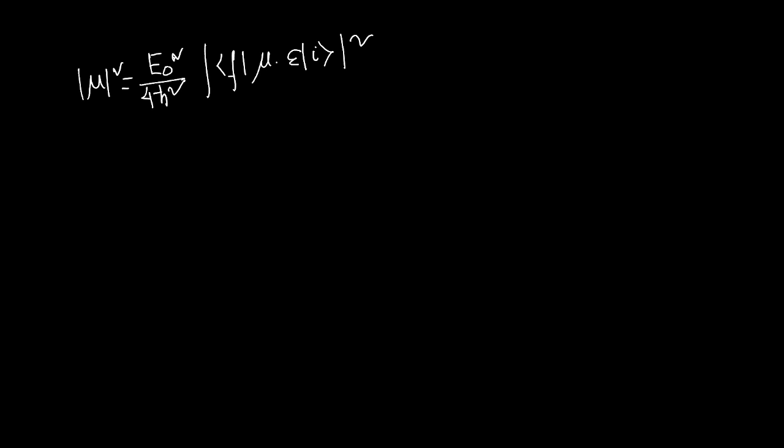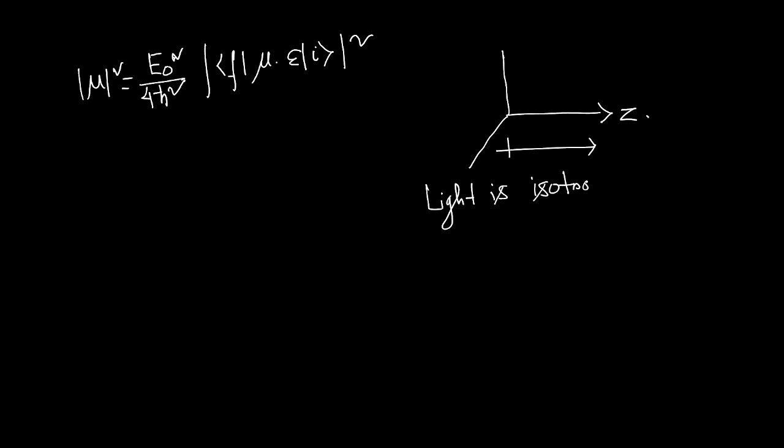Okay, so now, the question says the dipole moment is along the z axis, but your light is isotropic, so it is partitioned, you can think like that, 1/3 in each axis.